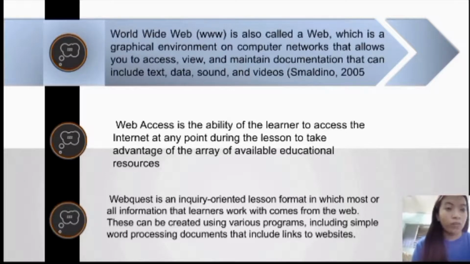So, the World Wide Web is an information system where documents and other web resources are identified by uniform resource locators, which may be interlinked by hypertext and are accessible over the Internet.